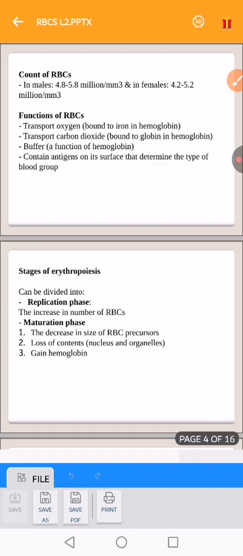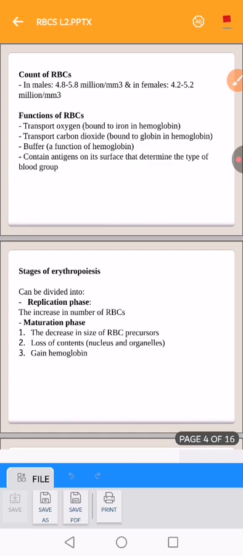So in general, what is the meaning of erythropoiesis? It's the formation of RBCs. We have two phases: the replication phase and the maturation phase. The replication phase means an increase in the number of the cells. This stage is in the bone marrow.